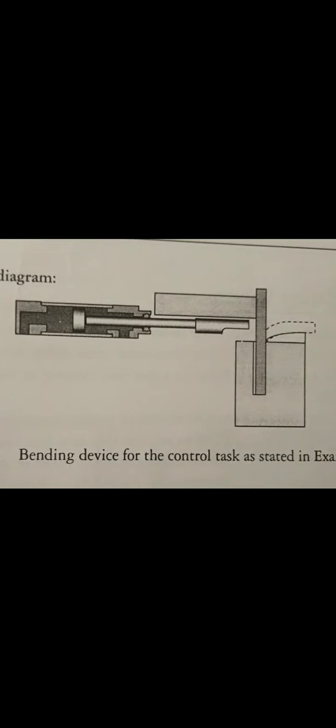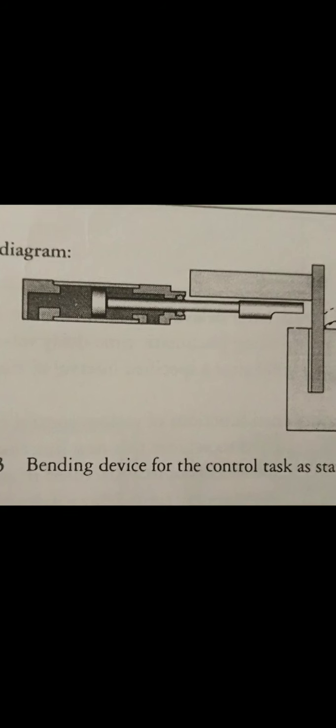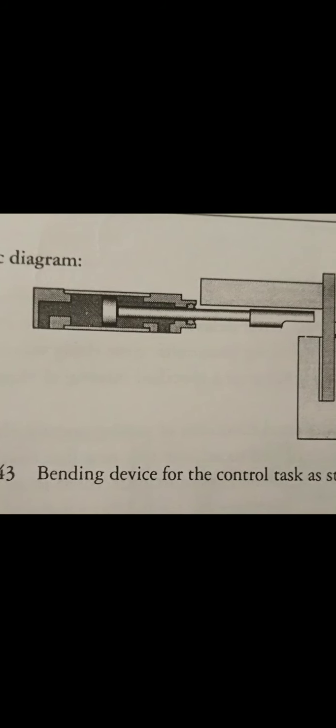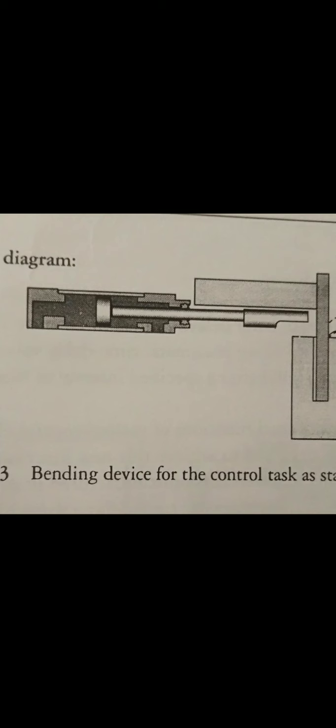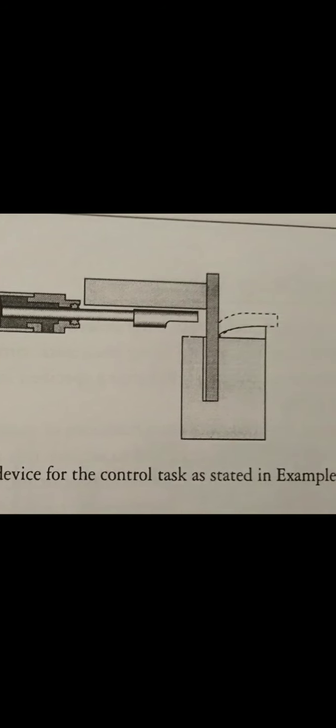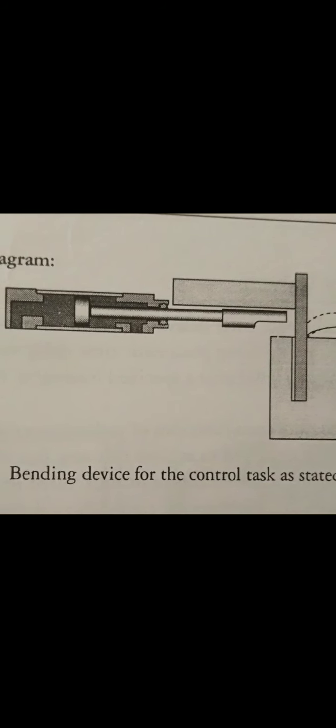This is how it should work, the bending machine, right? This is a 5x2 DC valve which is connected to this arrangement. You want to have a bending operation, right? And the circuit will look like this.